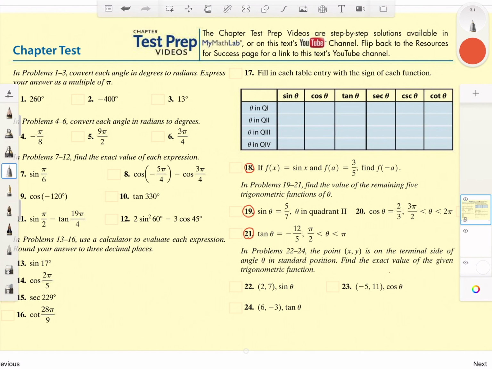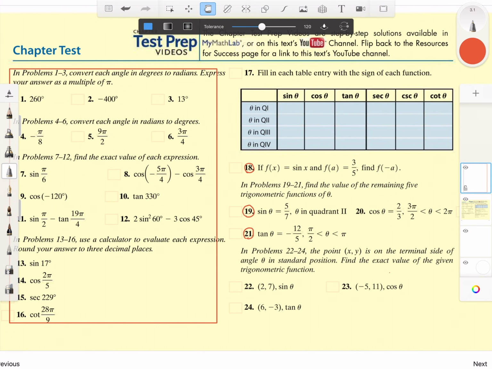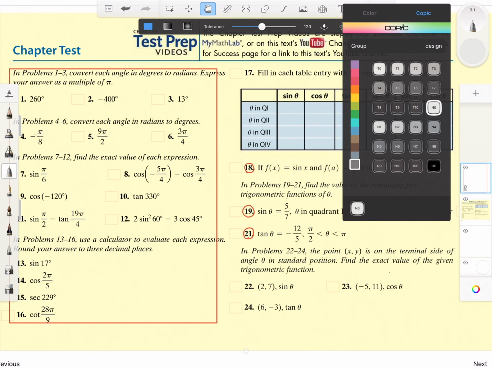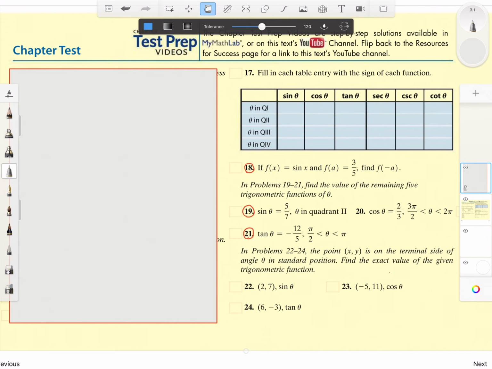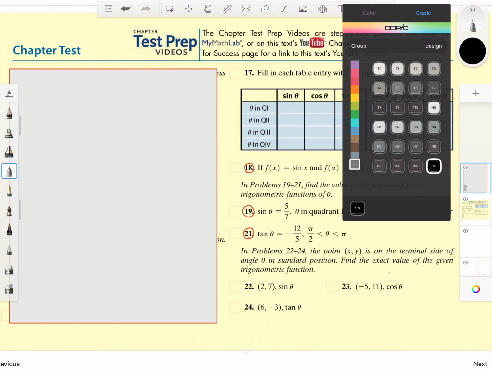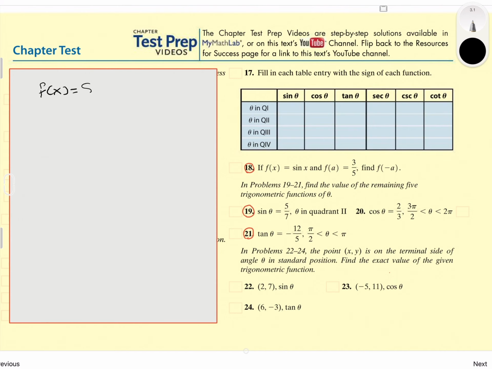All right, for number 18, we have f of x equal to sine of x and f of a equal to 3 over 5.